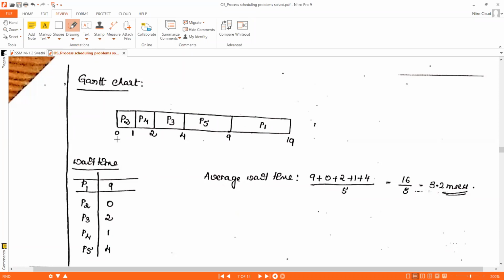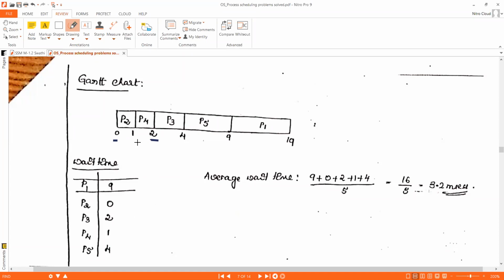Process 2's allotted time is 0 milliseconds minus arrival time 0. 0 minus 0 is 0 milliseconds. Next, process 3's allotted time is 2 milliseconds and arrival time is 0 milliseconds. 2 minus 0, it is 2 milliseconds is the waiting time for process 3.